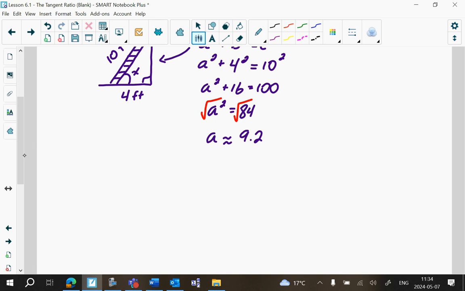So in this case, we know tan of the angle, which in our example is X, equals the opposite side, which is 9.2, over the adjacent side, which is 4. And now we solve that equation. That's really what trig is. It's equation solving. It's just a new type.